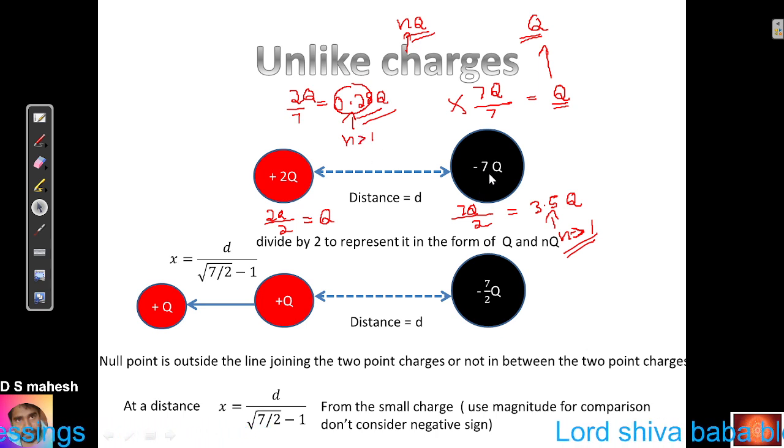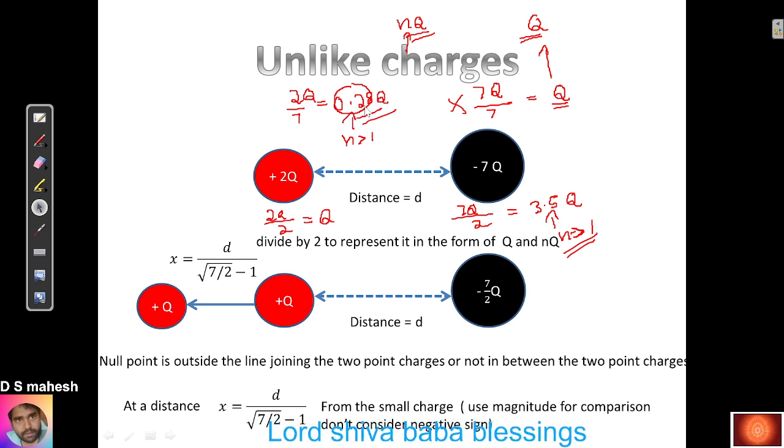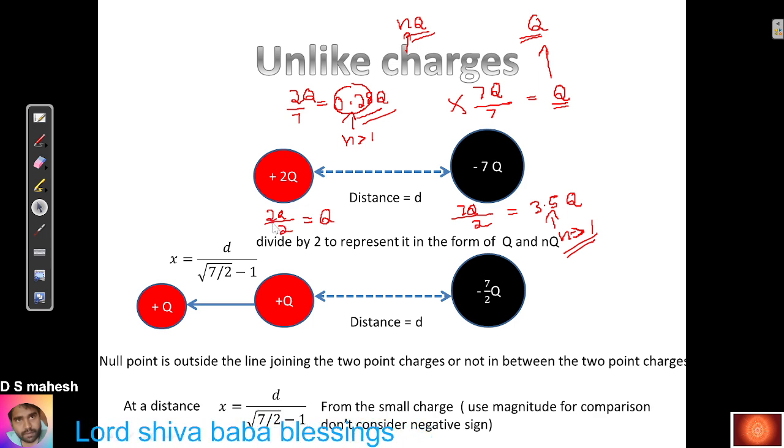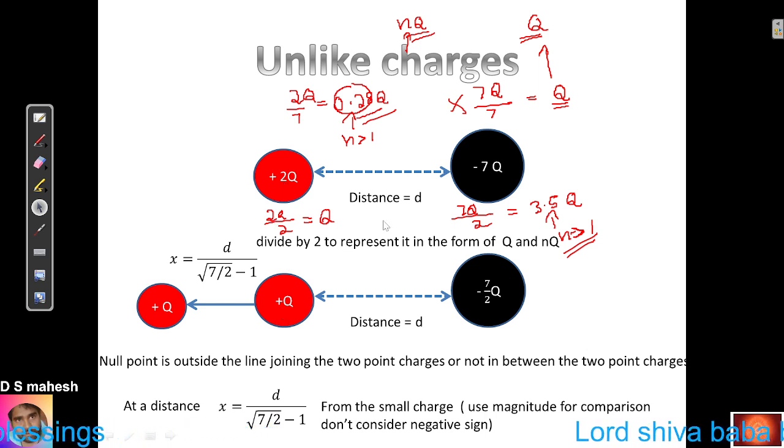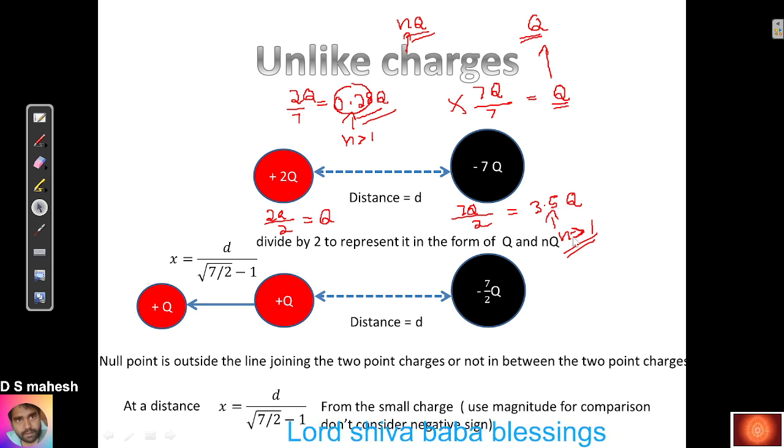Dividing by 7 is not allowed, because you are getting the value of n as 0.28, which is less than 1. Whereas if we divide both sides by 2, this becomes q, which is given, and when you divide 7 by 2, this is 3.5, which is greater than 1.